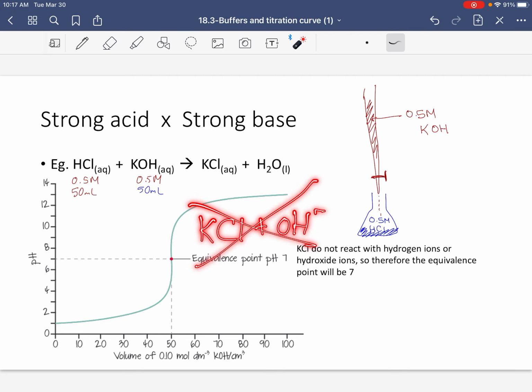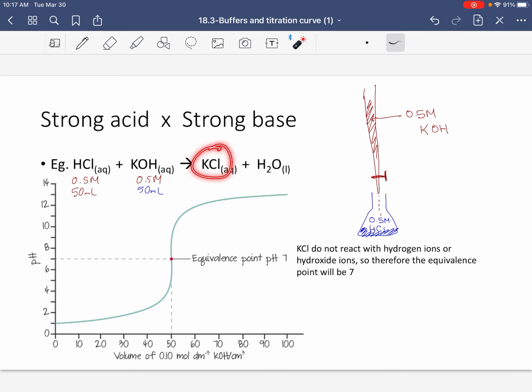No. KCl cannot react with H plus or OH minus, because K is a metal that makes up a strong base, and Cl is a non-metal that makes up a strong acid. So these have no conjugates. Therefore, this is not going to make your solution acidic or basic. It is going to be 7.